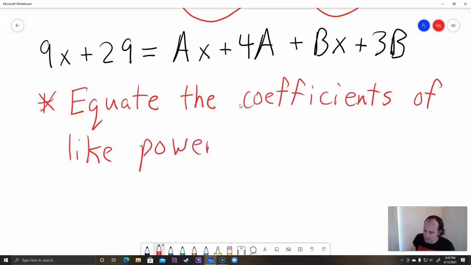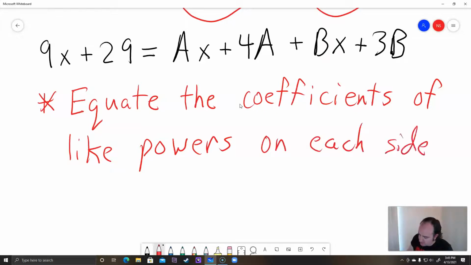And remember, like powers just means you have the same powers. And when I say that, I mean on each side.